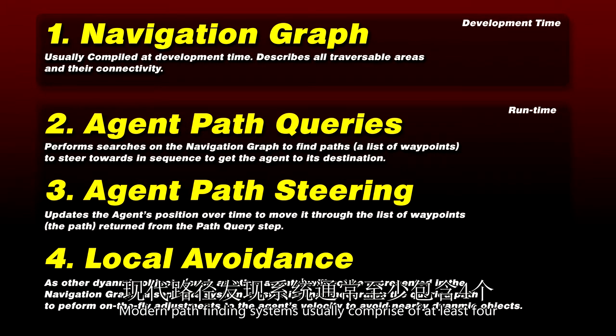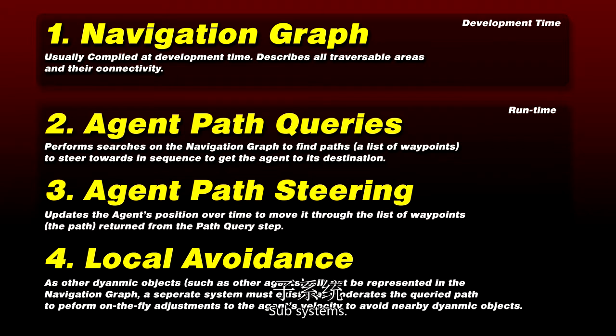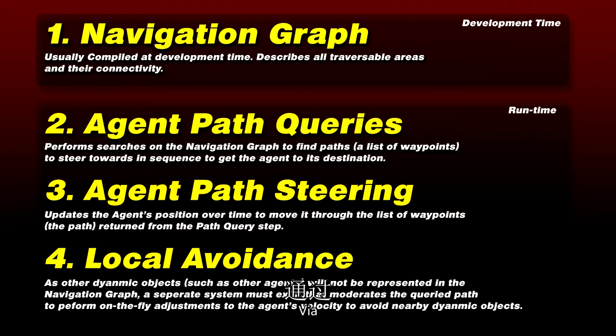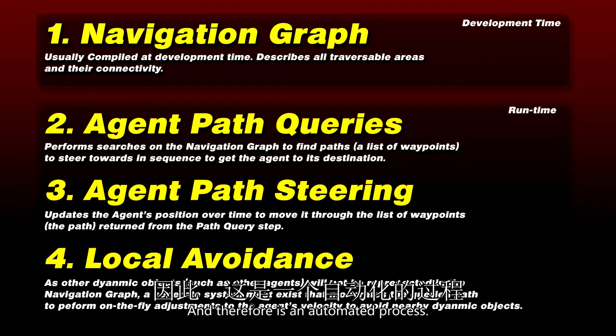Modern pathfinding systems usually comprise at least 4 parts or subsystems. The first part of the process is the building of a navigation graph. This happens at development time, and whilst it can be done manually, it is usually done via a tool these days and is therefore an automated process.